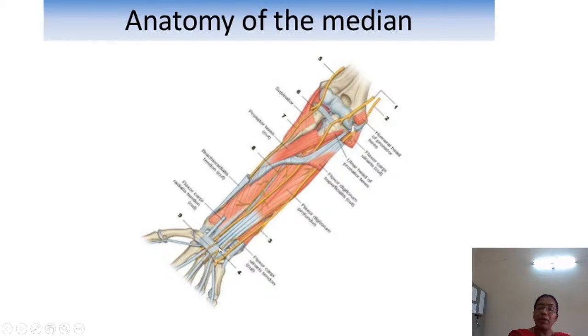Coming to the flexor retinaculum, the median nerve comes laterally.